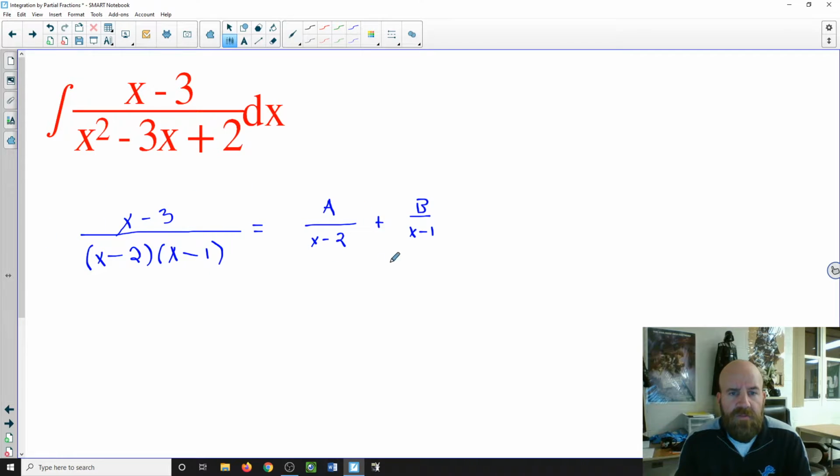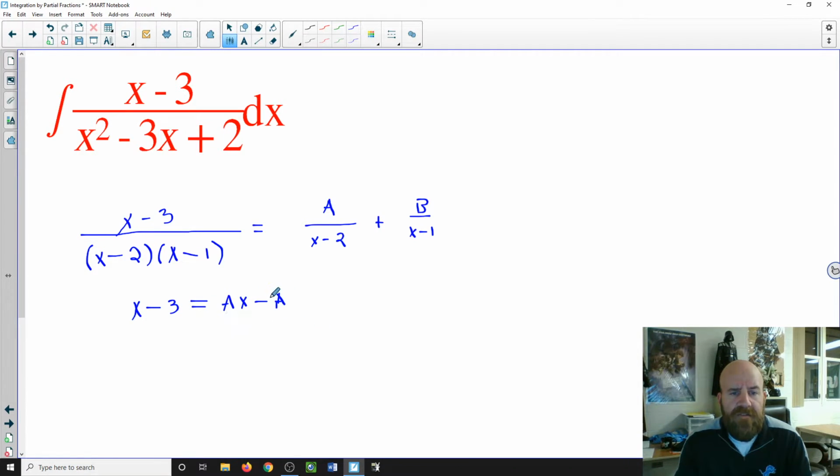So we go ahead and we multiply both sides by the common denominator, so it would cancel out on the left hand side there. We would have to multiply this fraction by the common denominator so that x minus 2's would cancel out. So we have a times x minus 1. I'm going to go ahead and distribute that in.